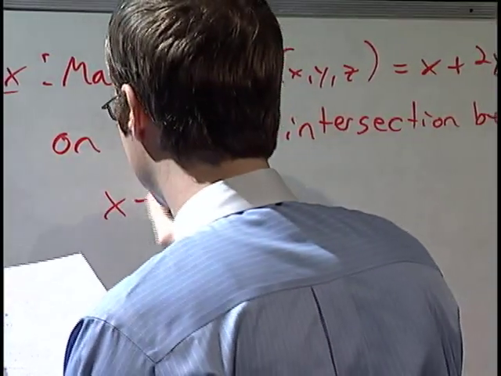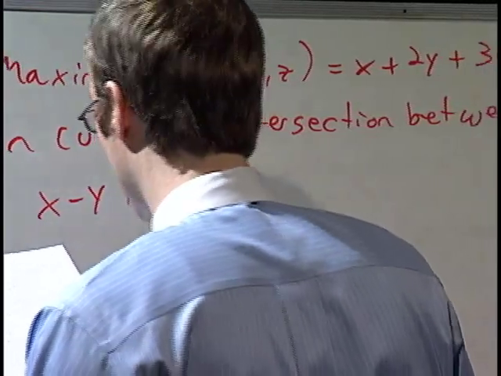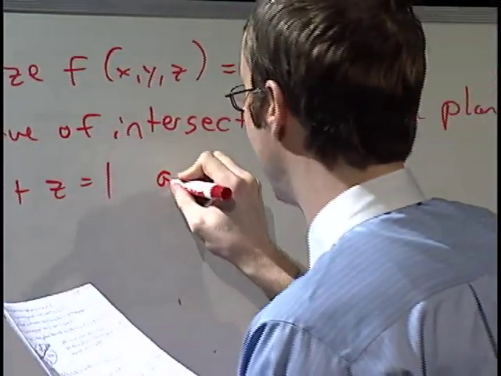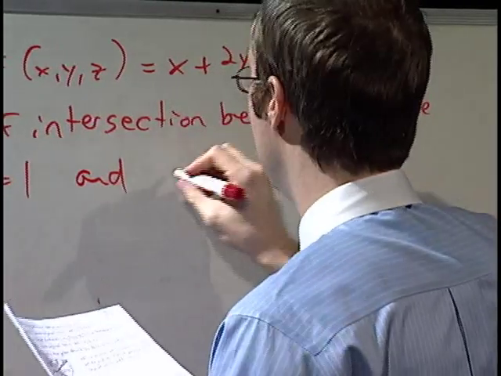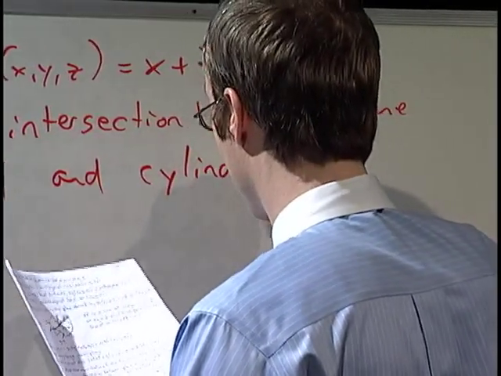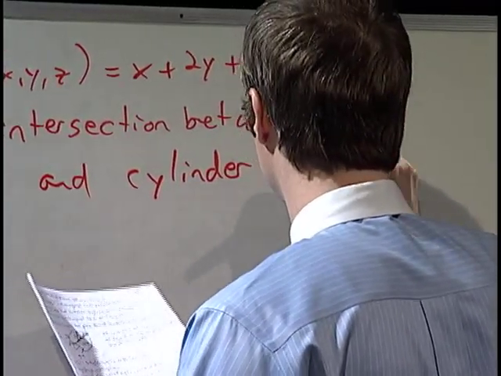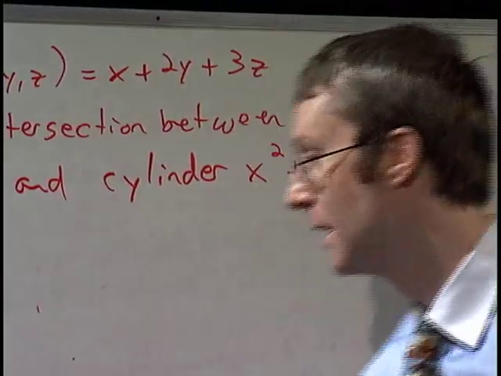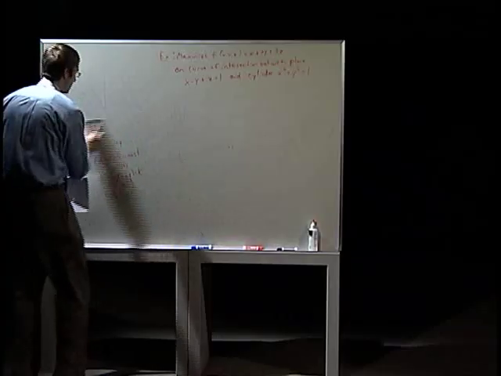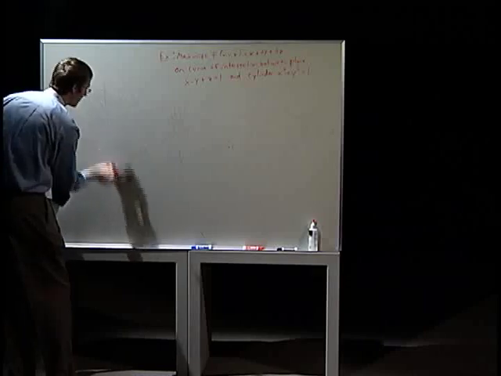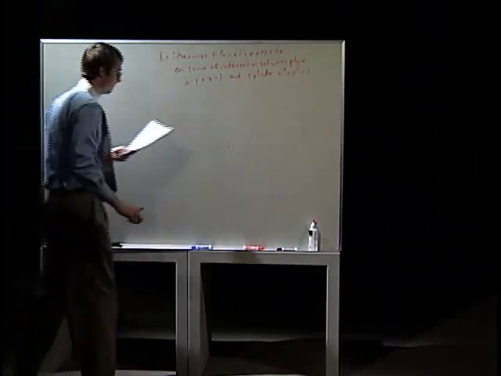The planes will be x minus y plus z equals 1. And actually between the plane and the cylinder, x squared plus y squared equals 1. So you want to maximize that function on the intersection between a plane and a cylinder.